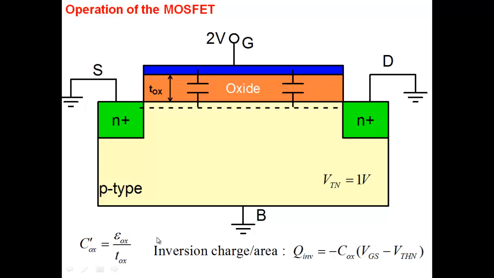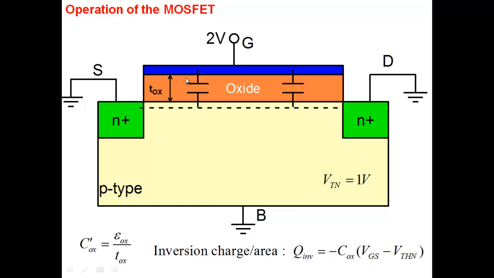The dielectric constant of silicon dioxide is 3.9, multiplied by the permittivity. So this is the situation we have. The source we have grounded. To start with, the drain also we have grounded. And we are assuming that this transistor has a threshold voltage of 1 volt.